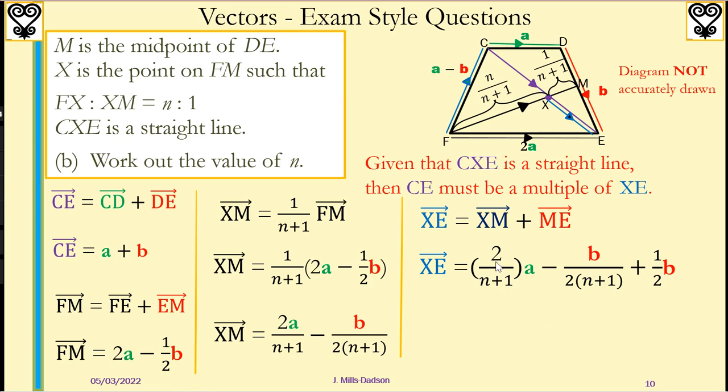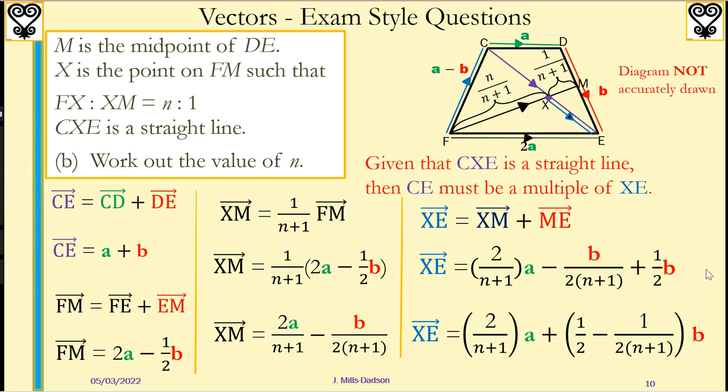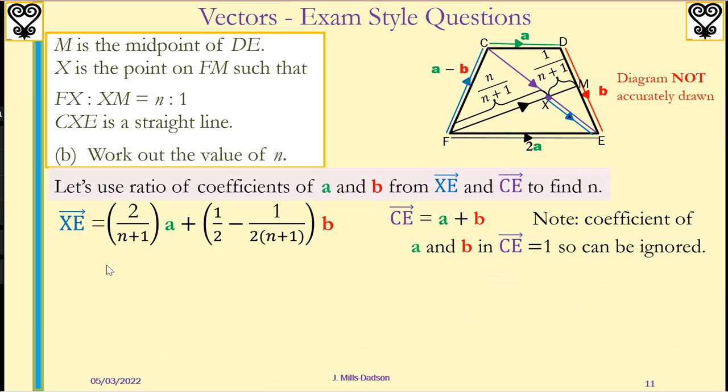I have the a's done nicely, but the b's are not done. So if I factor out b, this is what I have. Half minus 1 minus 2 into bracket n plus 1. So I'm now going to focus on vector xe and vector CE and equate the ratios of the coefficients of A and B, set up equation to work out what n is.